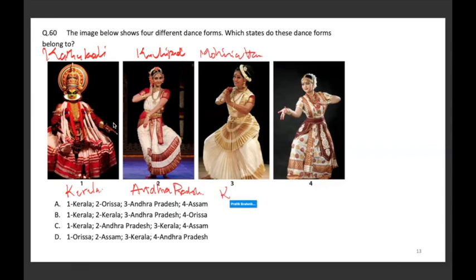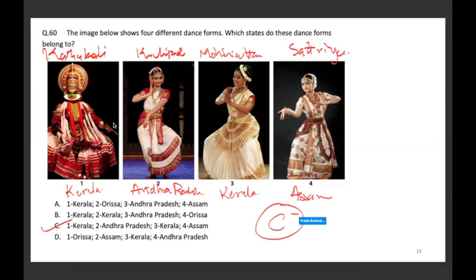It again belongs to Kerala. Next one, the dance form that you're seeing is called Satriya. It belongs to Assam. So the correct answer is Kerala, Andhra Pradesh, Kerala, and Assam. So C is the one which is the correct answer. Okay, move to the next one.